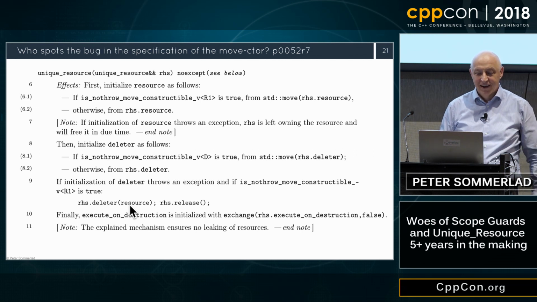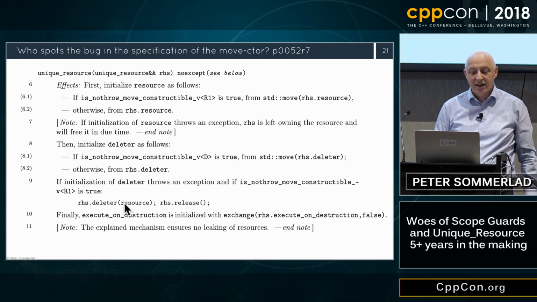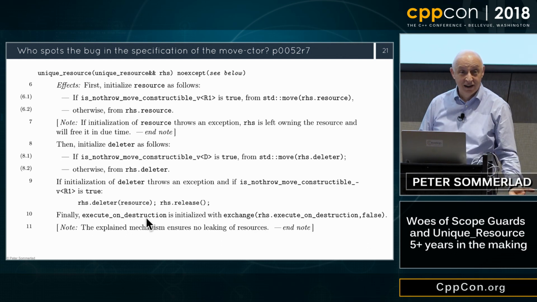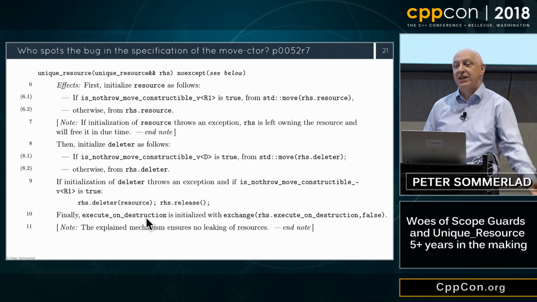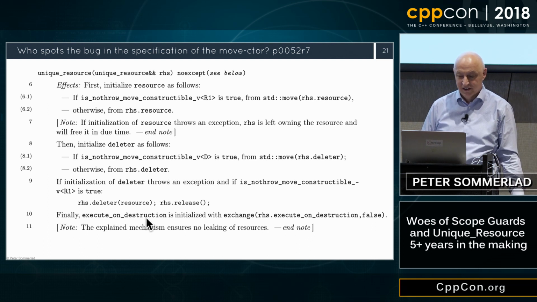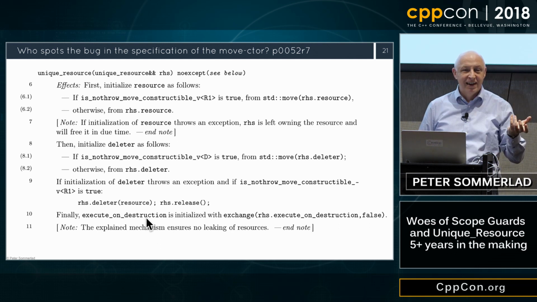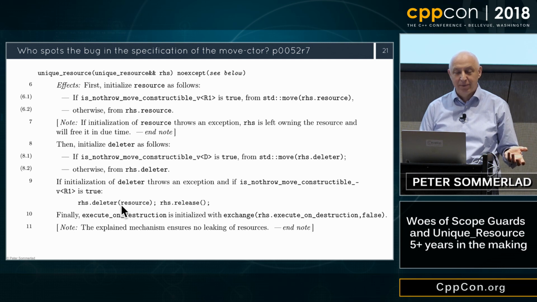But the bug is, this code doesn't consider whether the right-hand side actually needed to delete the resource. It was unconditionally deleting the resource, and that's the bug there. If the right-hand side was already released, there's no work to do, and this would cause a double delete.